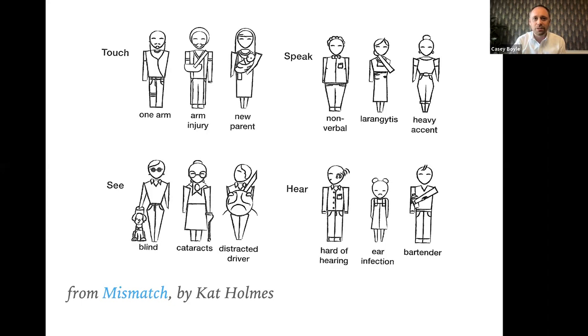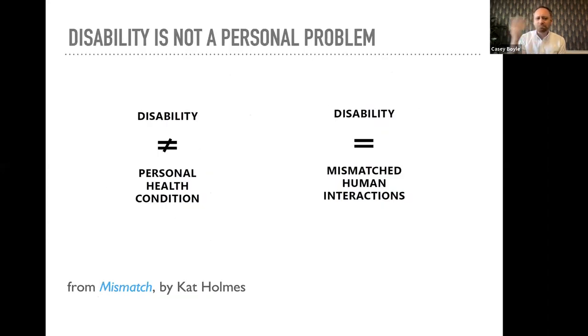So again, just to repeat, disability is not a personal health condition. It is an effect of mismatched human interactions, whether it's a building, a document, a service, teaching, it's about that mismatch.